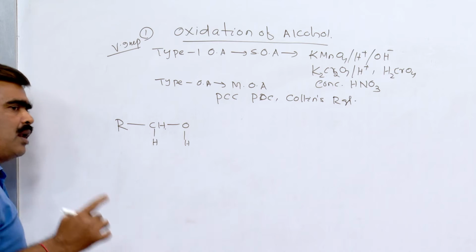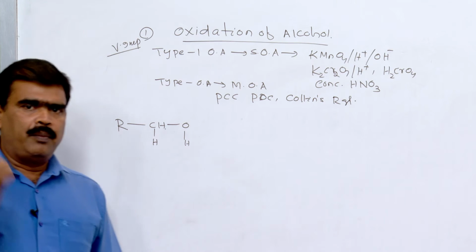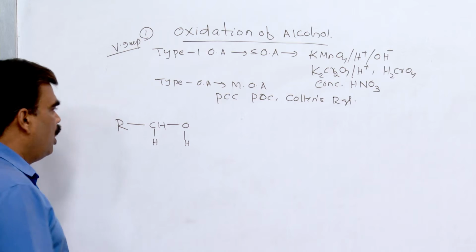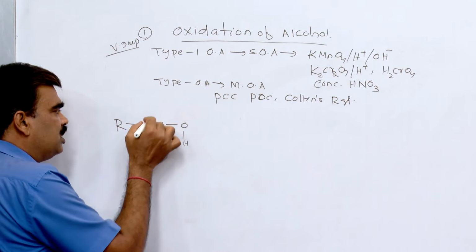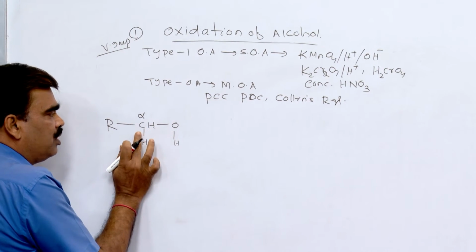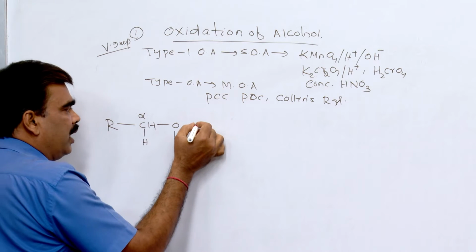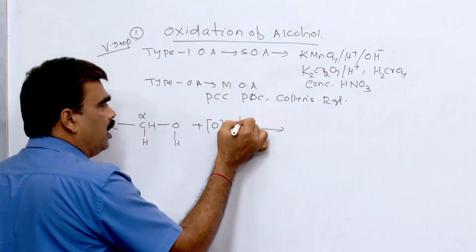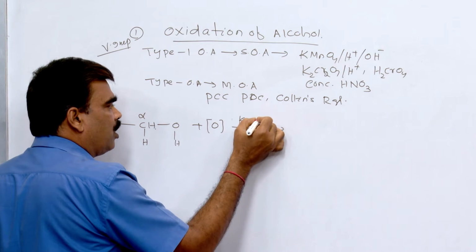So this is called alpha cleavage. Oxidation of alcohol means alpha cleavage. What is alpha cleavage? Remember, this is alpha carbon because functional group is bonded to this carbon. This is alpha carbon, and the oxidizing agent, strong oxidizing agent, provides oxygen here. You can take potassium permanganate or any acid.